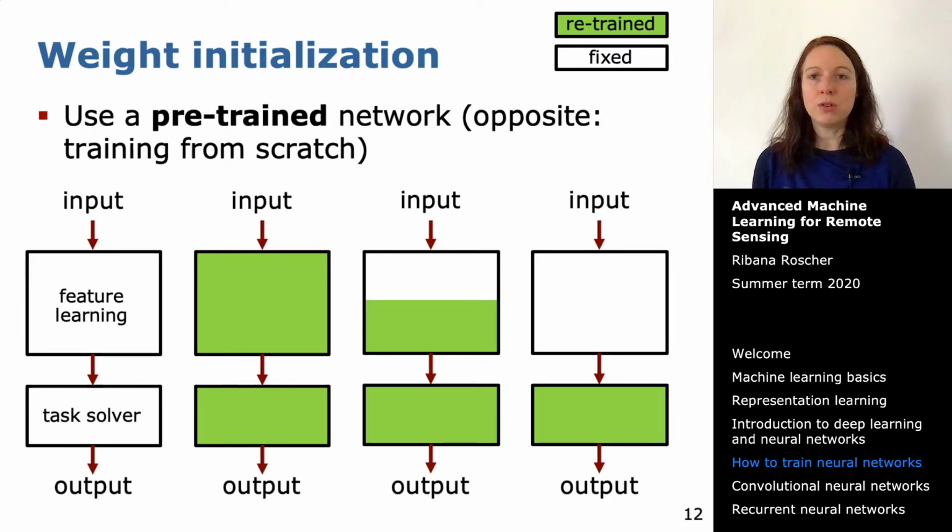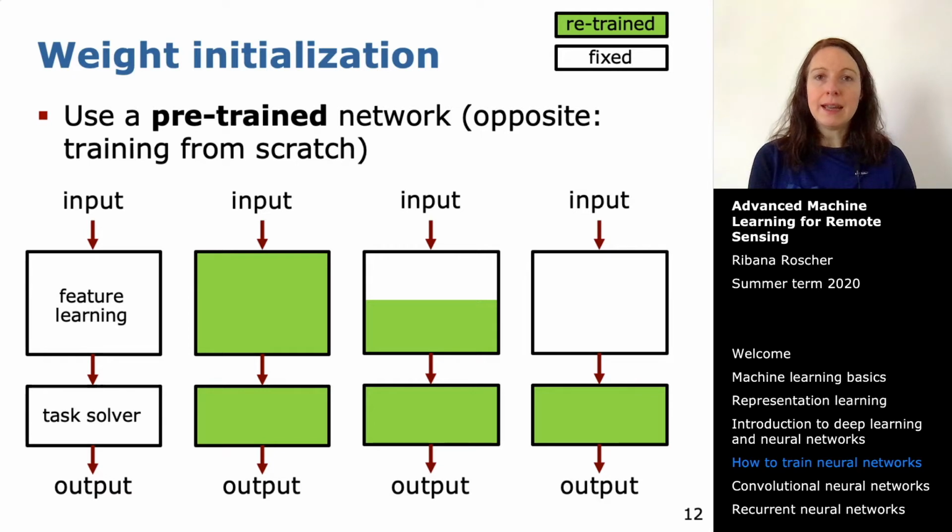And now you want to use the weights because this task might be quite similar to your task where you want to distinguish between bare ground and plants. This is done very often, and here you have possibilities of what you want to take and use and what you want to retrain or fine-tune.